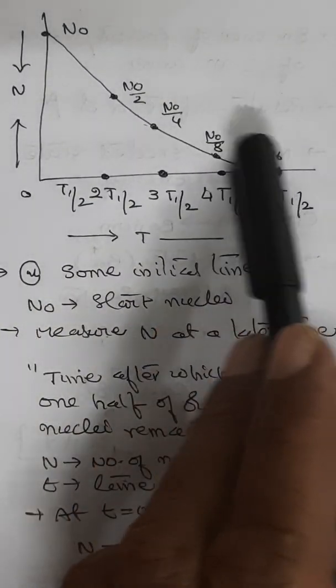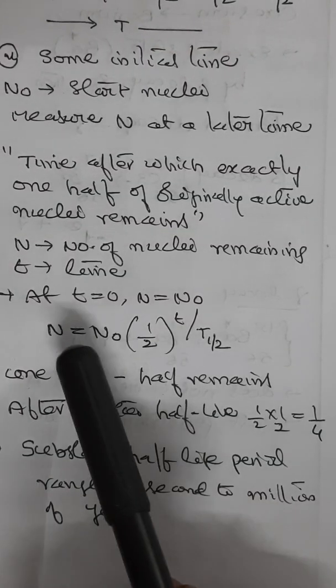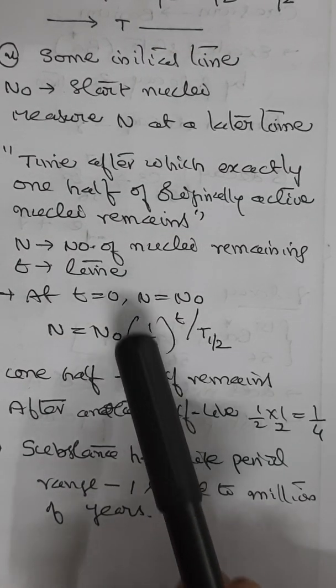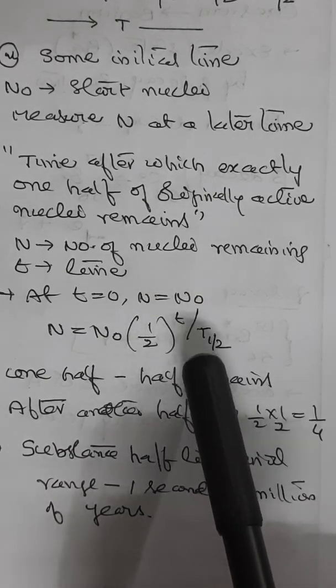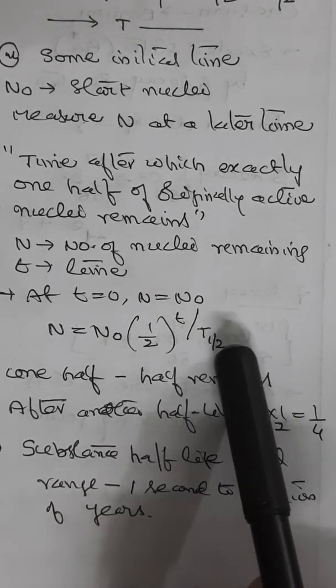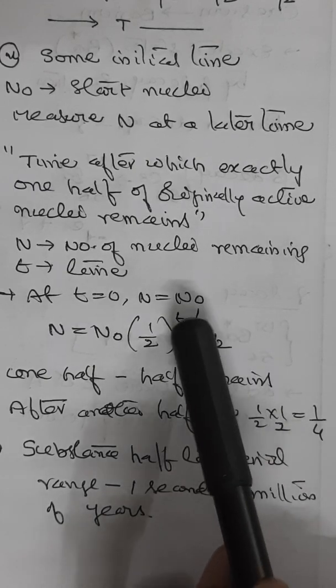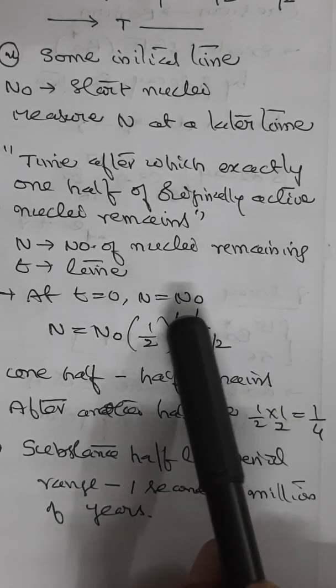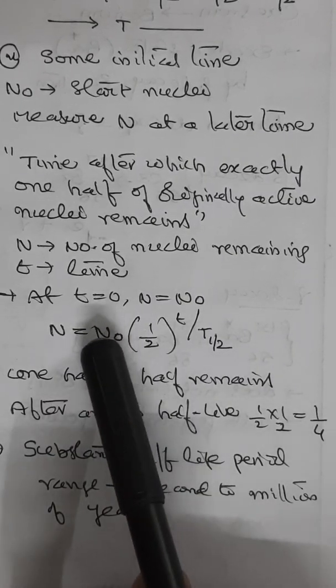So that can be calculated using the equation N equal to N0 into (1/2) whole power t by T half. T half is the half-life period. t is the time at which we want to find the number of nuclei left, that is N. N0 is the initial number of nuclei.